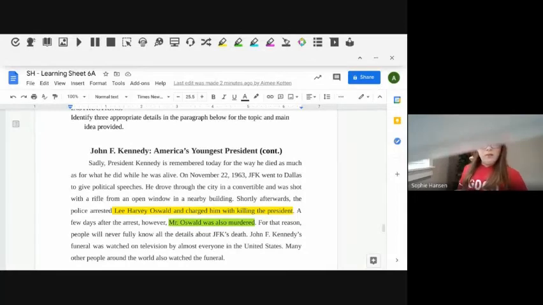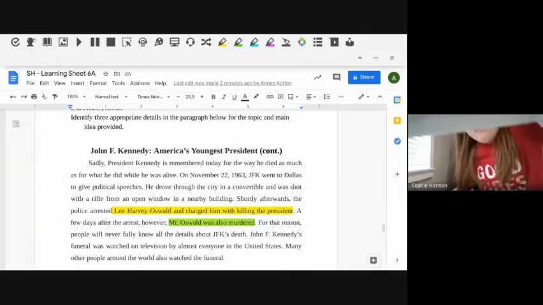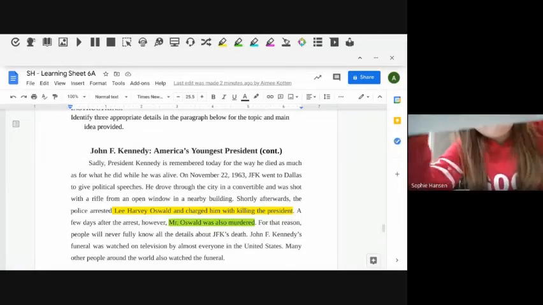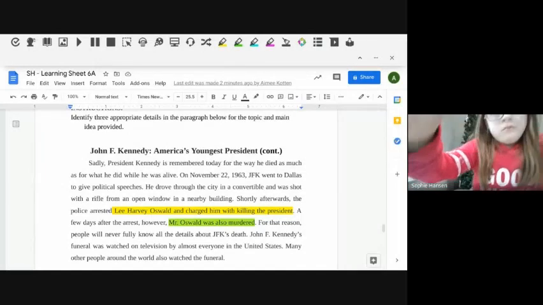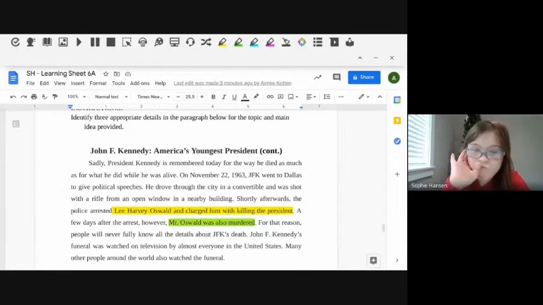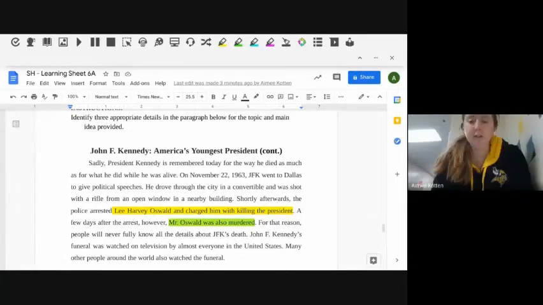Then this will light up. Okay, so I can see. Okay.